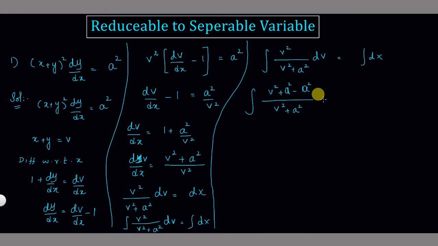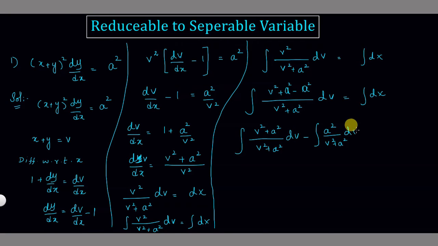Why am I adding and subtracting a square in the numerator? Actually I want to separate this one: v square over a square divided by v square over a square dv, and on the other hand a square over v square plus a square dv, and this is equal to integral of dx.